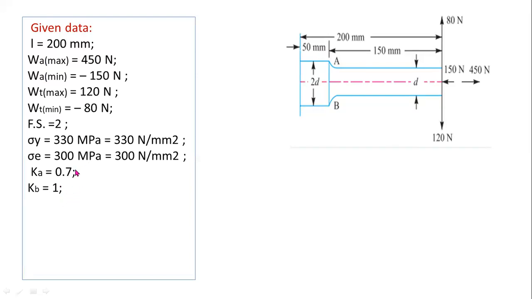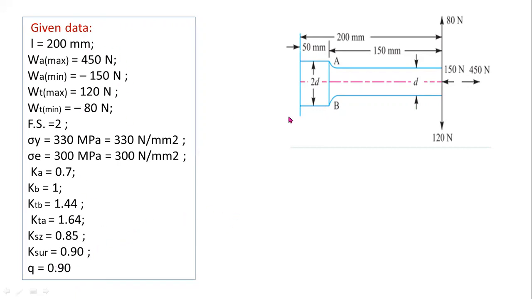These two are the correction factors or load factors, and Ktb is the theoretical stress concentration factor for bending loads, for axial loads. Size factor equal to 0.85, surface finish factor equal to 0.9, and notch sensitivity equal to q. q is the notch sensitivity. So these are the given values.